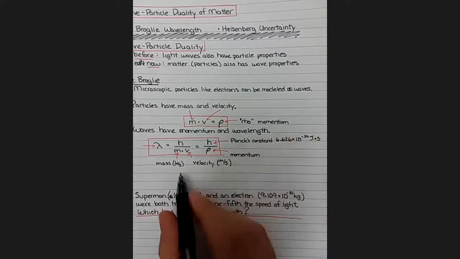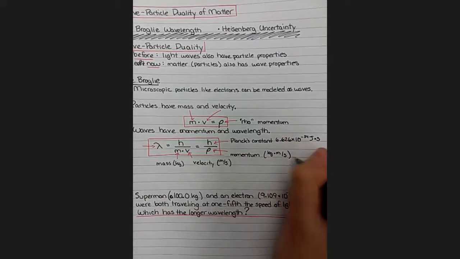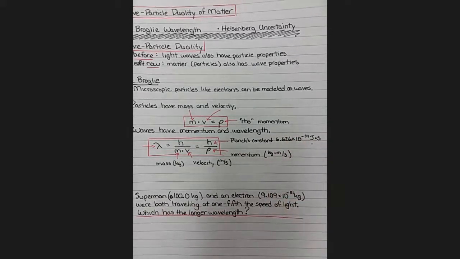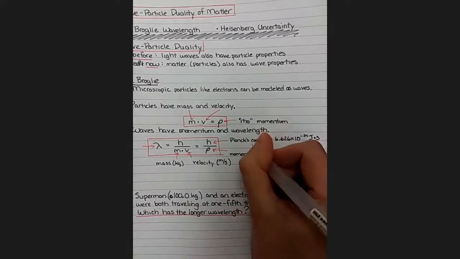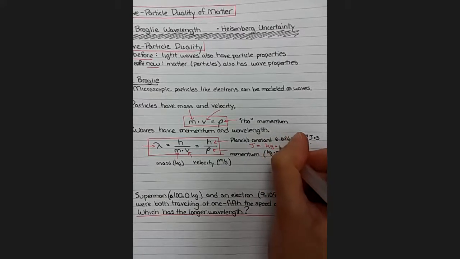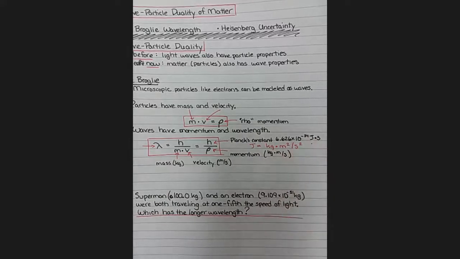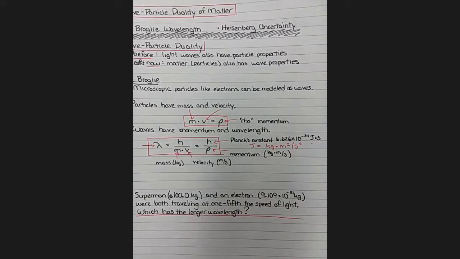And so momentum, which is mass times velocity, is kilograms times meters per second. And it's related to joules because joules is kilograms times meters squared per second squared. So the units should all work out.